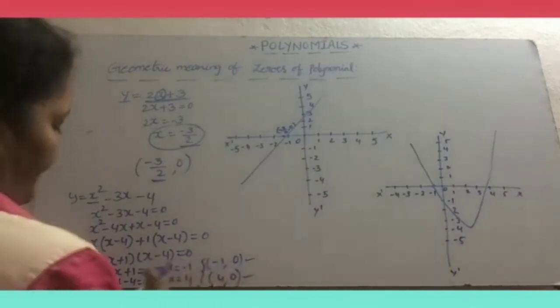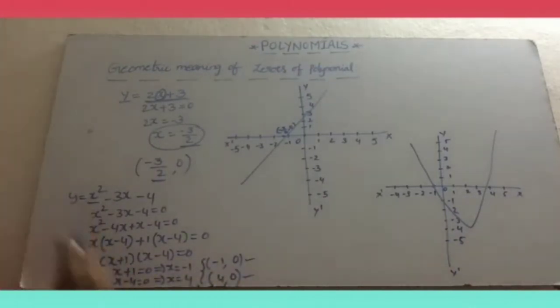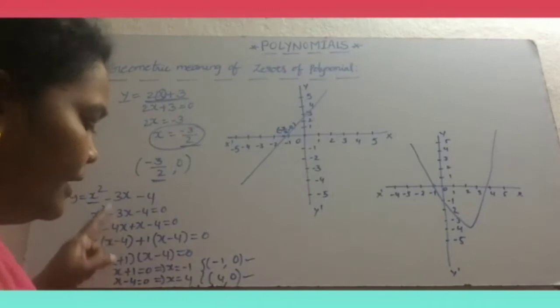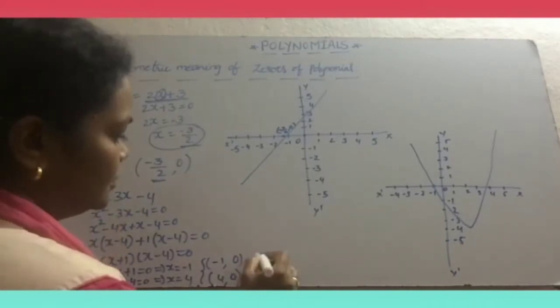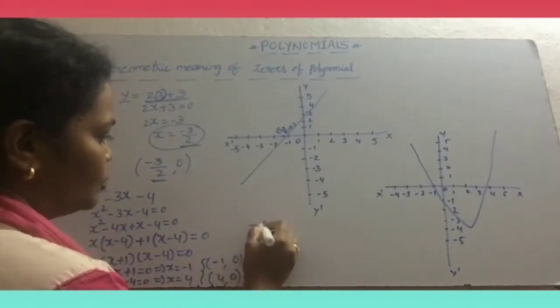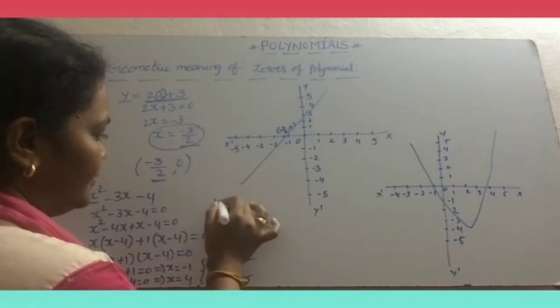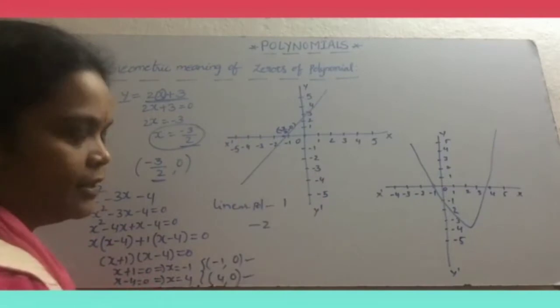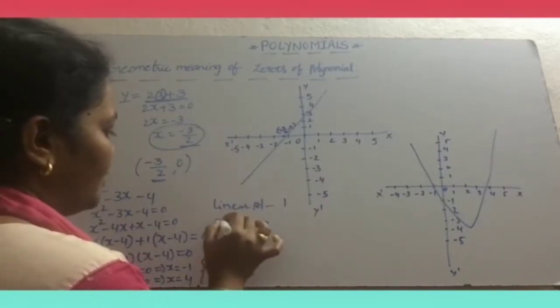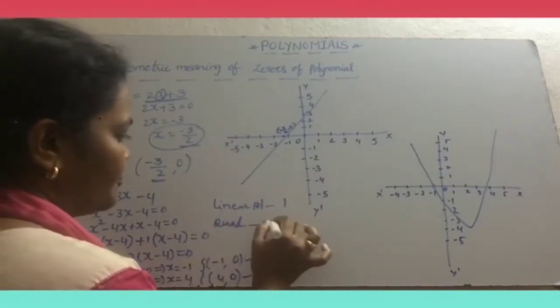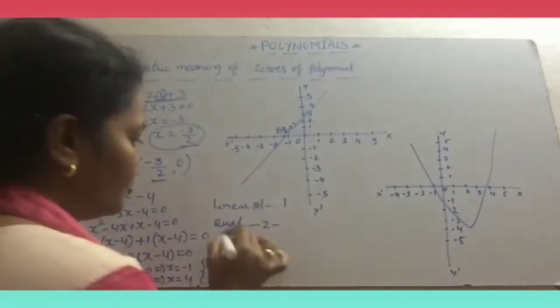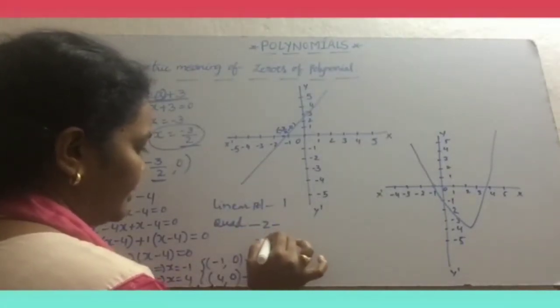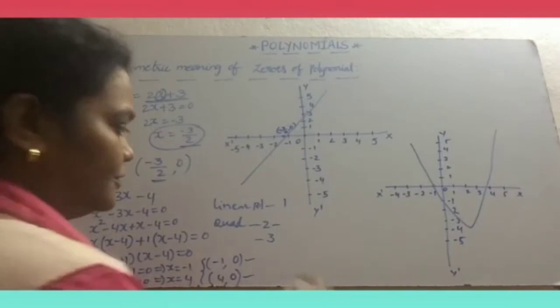So in a quadratic polynomial, the number of zeros is 2. For a linear polynomial, the number of zeros is 1. And for a quadratic polynomial, the number of zeros is 2. And for a cubic polynomial, the number of zeros is 3, and like that.